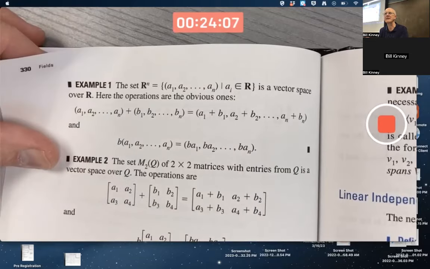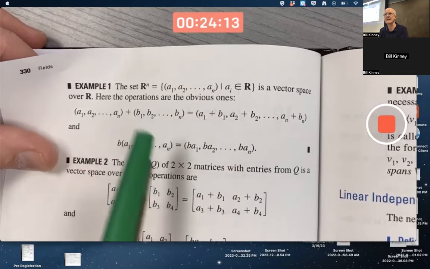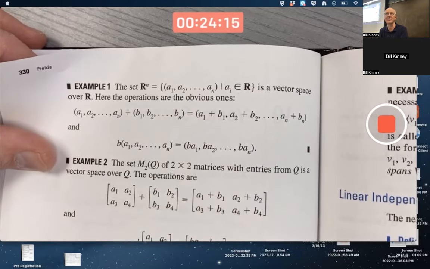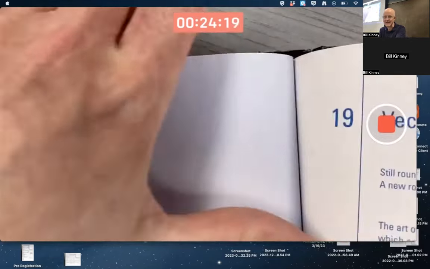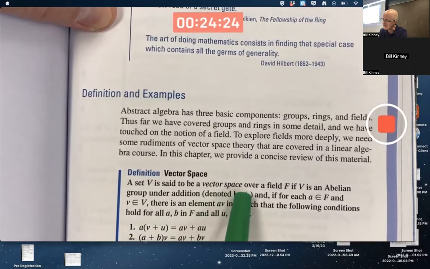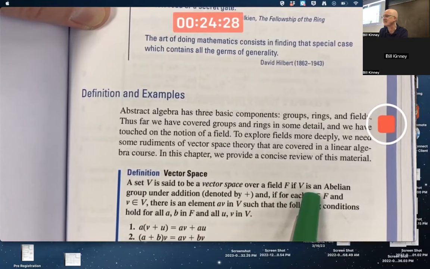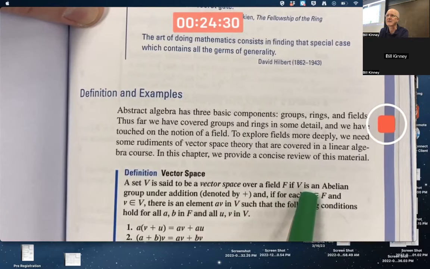You always say what the field is here. You want to get in the habit of saying what the field is. This is over R. If we did that more general case, it would be over F. You always emphasize what the field is by saying the vector space is over the field. A little bit strange terminology, but it's what we're stuck with.